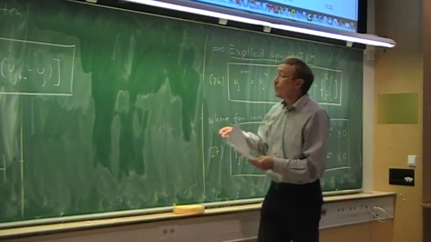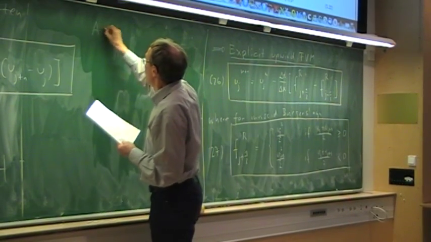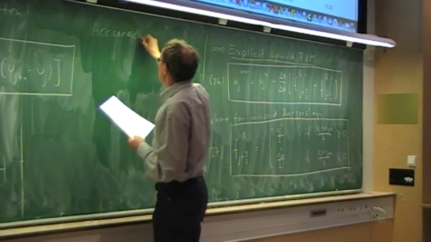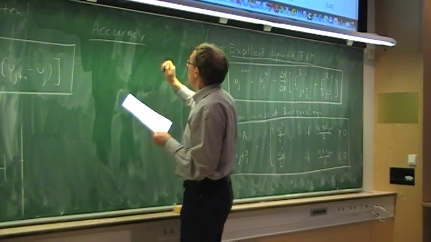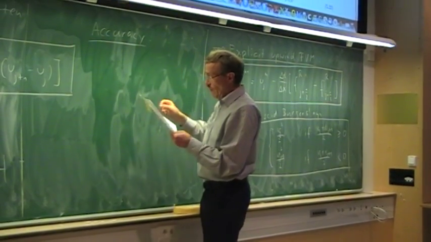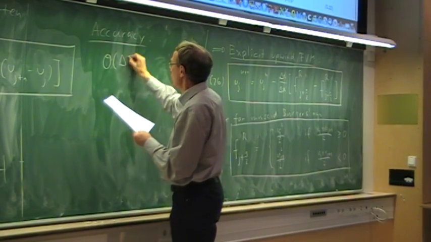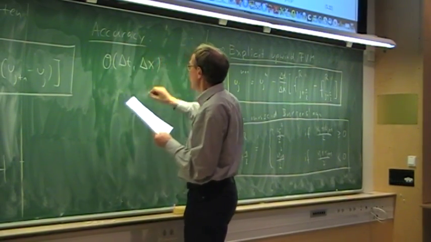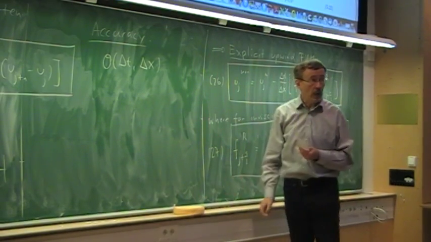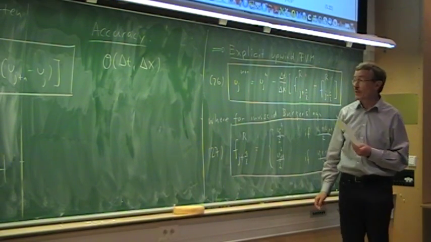So if we do a consistency analysis, we will find out that the method is first order in time and first order in space, like the Upwind method for the linear advection equation.